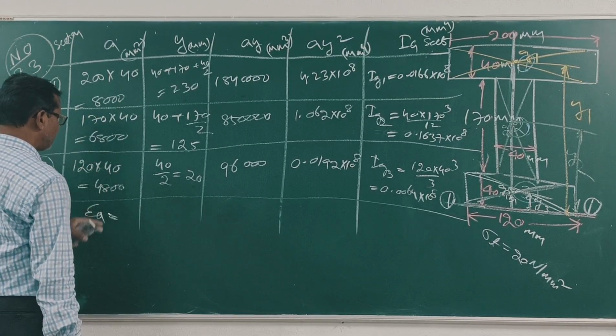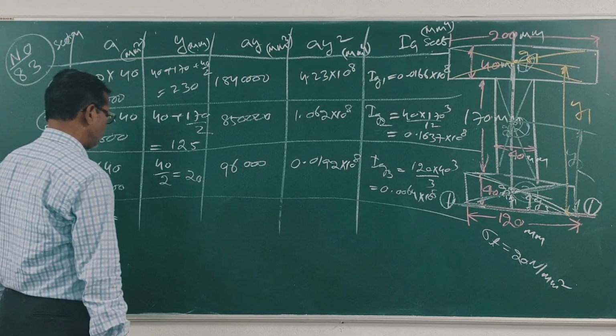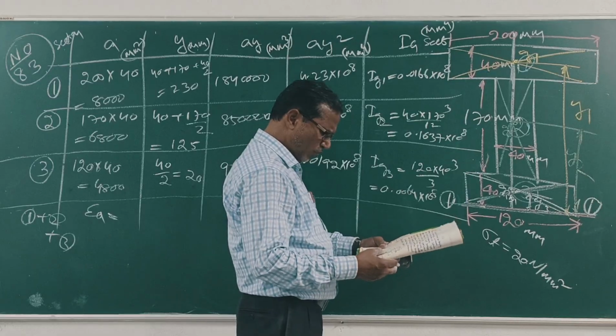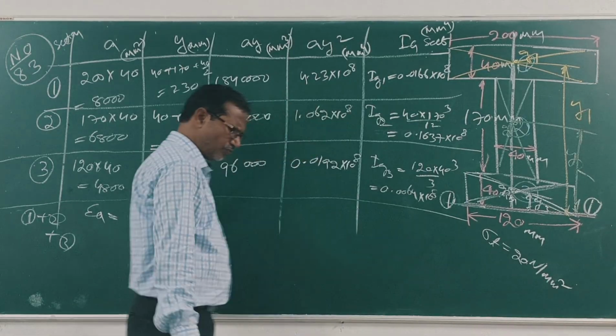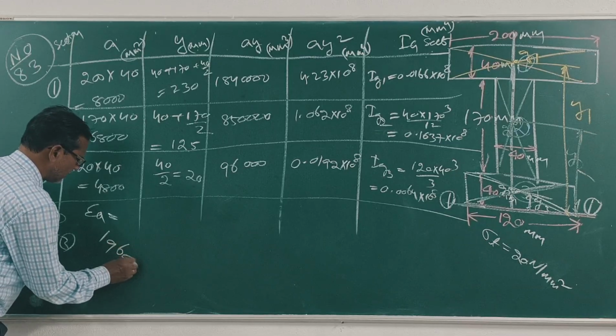This plus this plus this, 48,000 plus 6800 plus 4800. This is 19600 mm square.